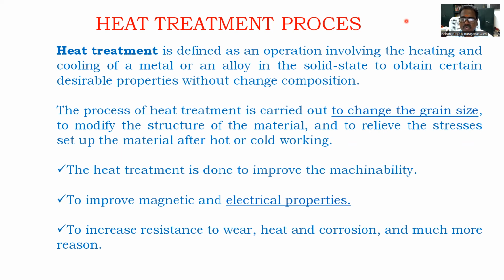If you heat to the upper critical temperature or above and then cool suddenly, you will get fine grains, that is a martensite structure, which gives high hardness of the material. Suppose you cool very slowly, you get a coarse grained structure, that is a pearlite structure, and you will get a softened material.